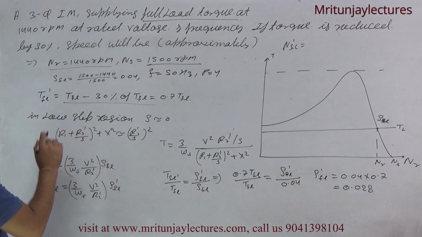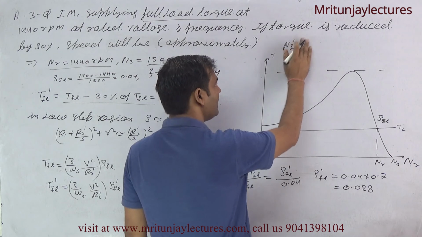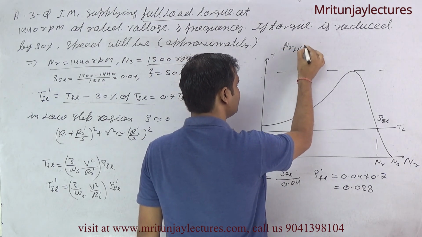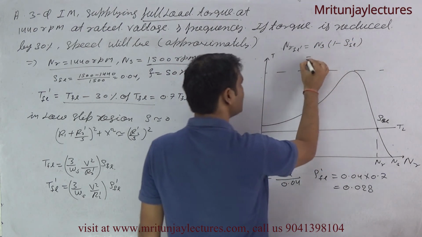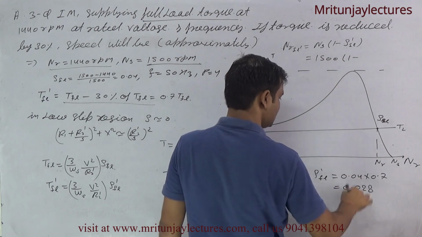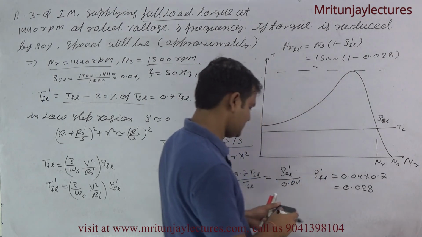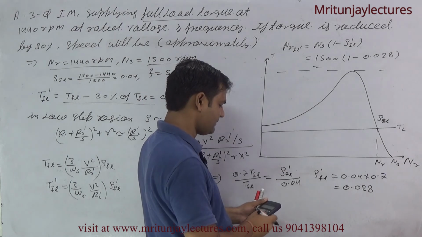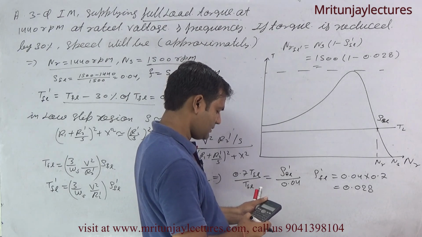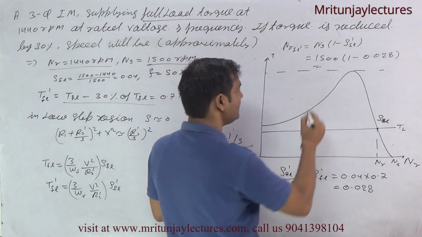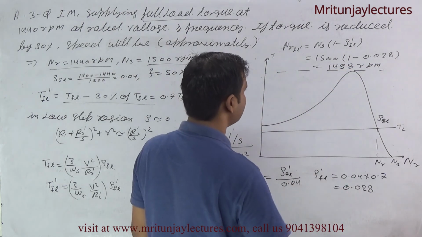When the full load torque is reduced by 30%, what about the full load speed? That is NR full load speed, equal to NS into (1 minus SFL dash), that is 1500 into (1 minus 0.028). Finally we got 1458 RPM. Clear? Make it.